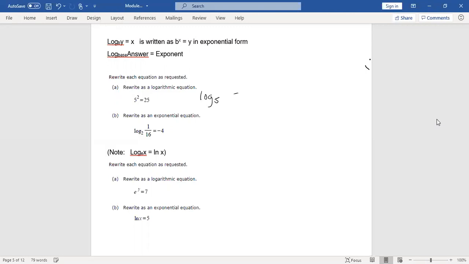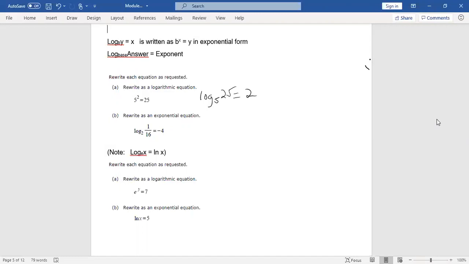And remember, on the other side of the equal sign is the power to which 5 is raised. And of course, 25 would be the answer. So again, 5 is raised to the second power to give us 25, or some people read it as 2 is the power to which 5, our base, must be raised to give us 25.